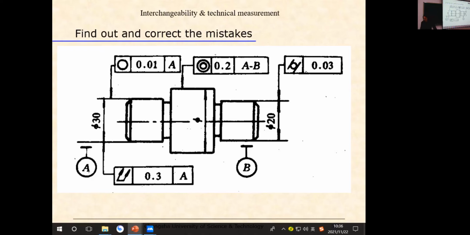This total runout. The runout means the surface, right?